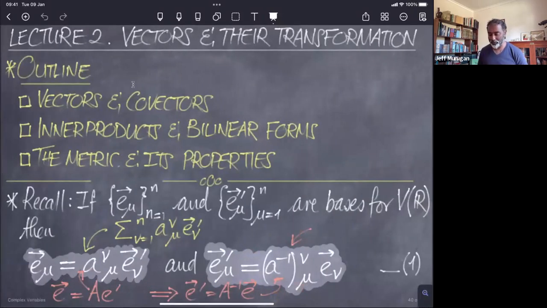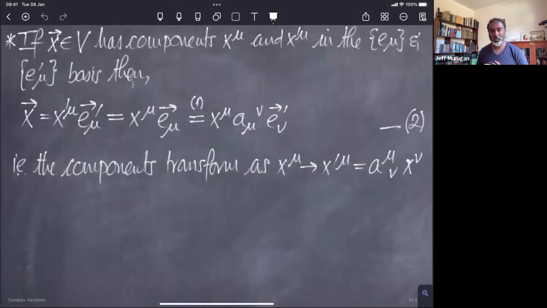Sorry, I know there's a lot of back and forth between boards here, but is everybody with me? Anybody with me? Yes. Okay. So the components of the vector transform in the opposite way to the basis vectors.